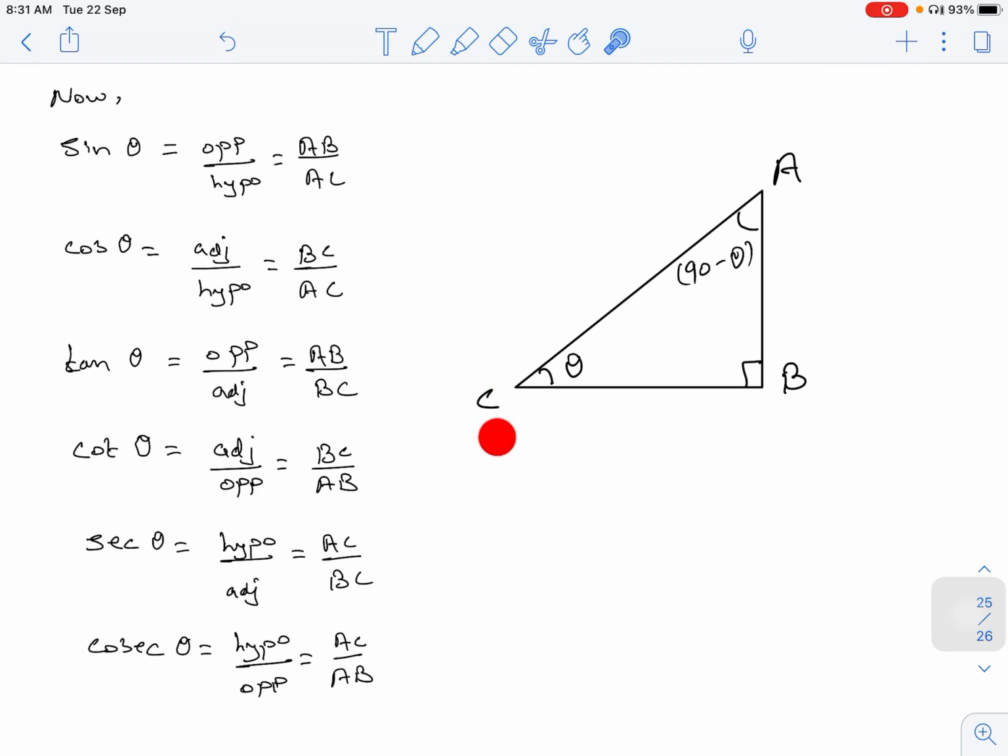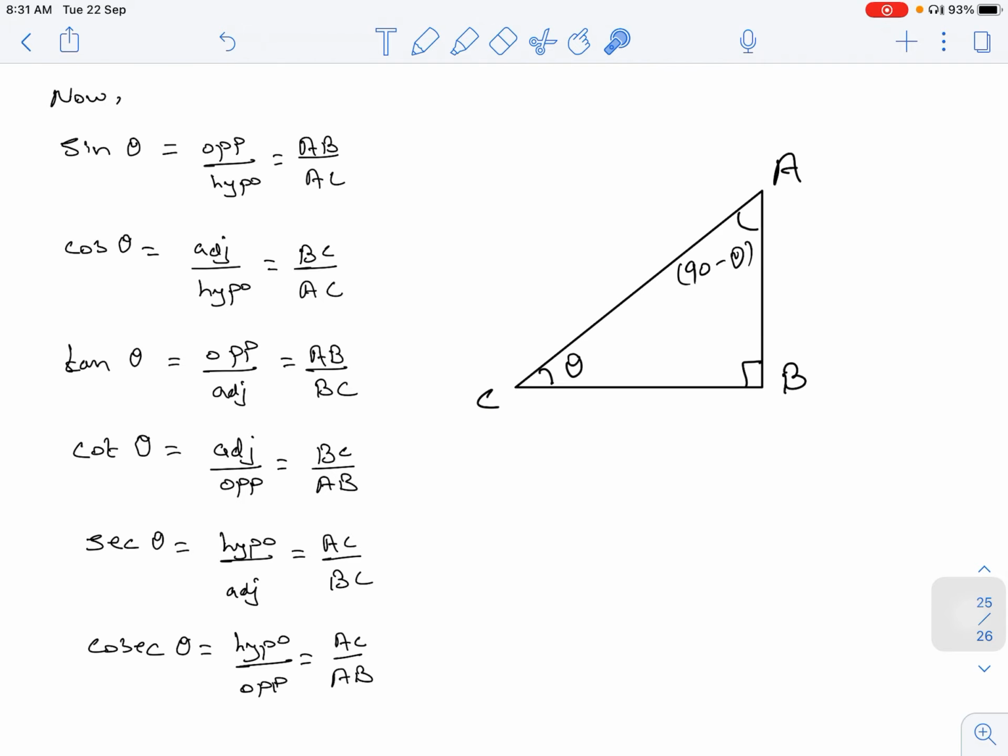So if we consider angle C as theta, angle A will become 90 minus theta. Suppose angle C is 30 degrees, then angle A will become 90 minus 30, that is 60. In the same way, if angle C is theta, angle A will be 90 minus theta.